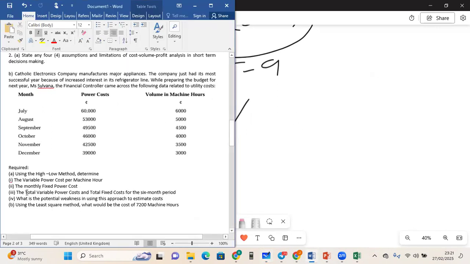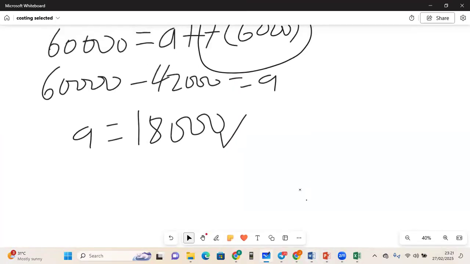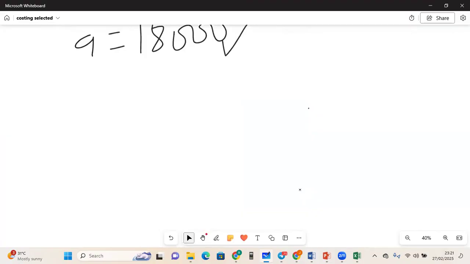Now the next part of this question is telling us to compute the variable cost per unit and the total fixed cost for the 6 month period. So for the 6 month period, it is going to be for fixed cost.